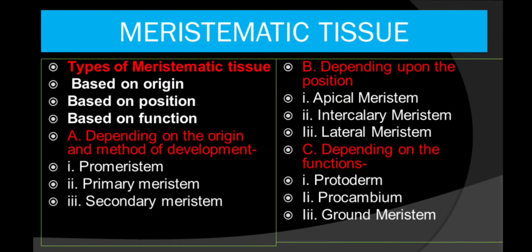Now here we will see the types of meristematic tissue, based on origin, on the basis of position, and on the basis of function. On the basis of origin, the meristematic tissues are divided into three: promeristem, primary meristem, and secondary meristem. On the basis of position, where they are positioned, on the top or in the middle, they are divided into apical, intercalary, and lateral.